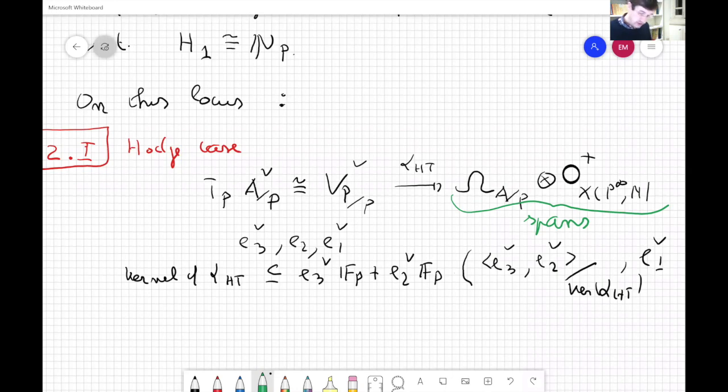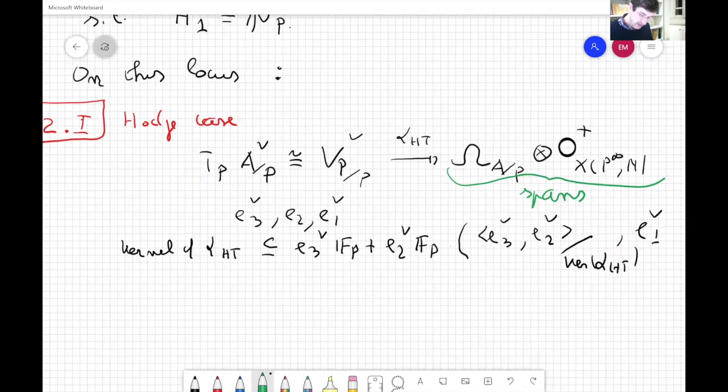So since E3, E2, E1 dual, these elements must span everything, okay? And actually, the span of this, the OX plus P infinity span, is actually a line bundle.